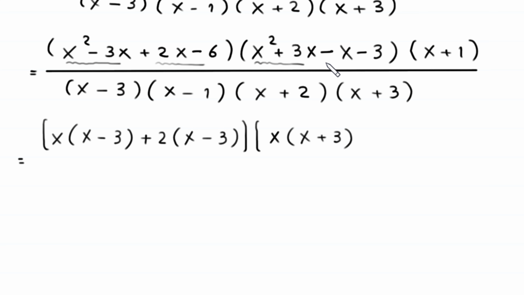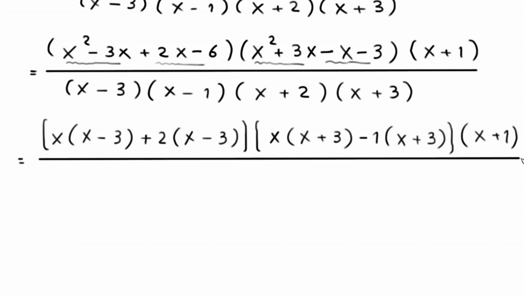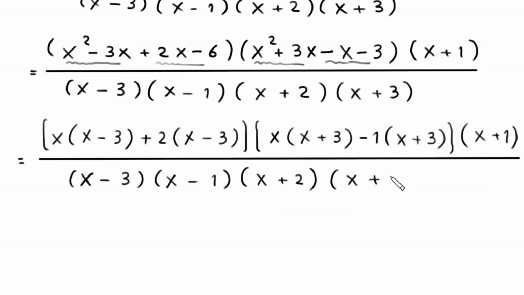From these two terms negative x minus 3, we can factor out negative 1, in bracket left x plus 3, times this x plus 1, and all this is divided by this denominator, which remains the same: x minus 3, times x minus 1, times x plus 2, times x plus 3.